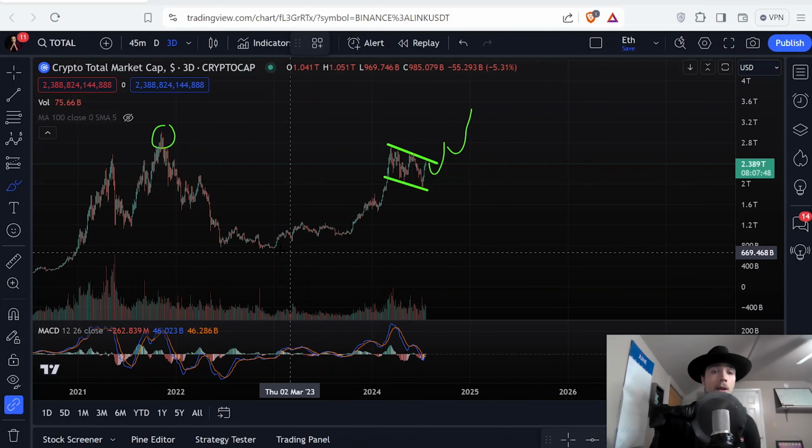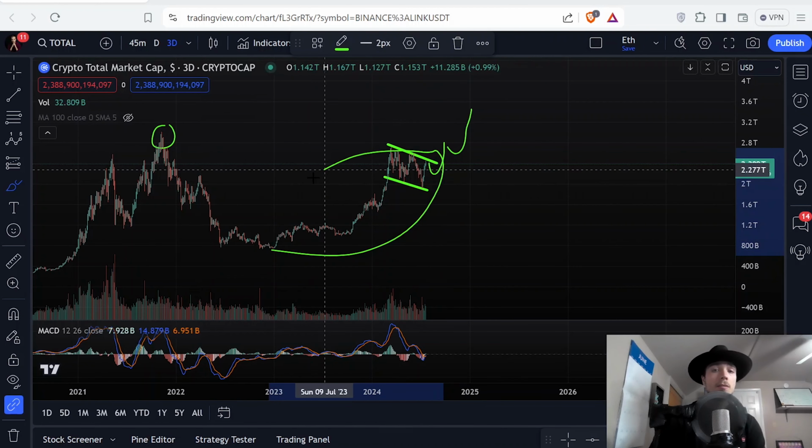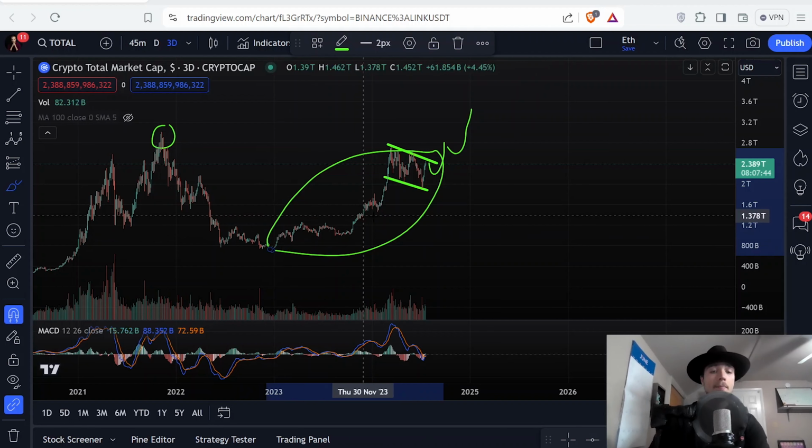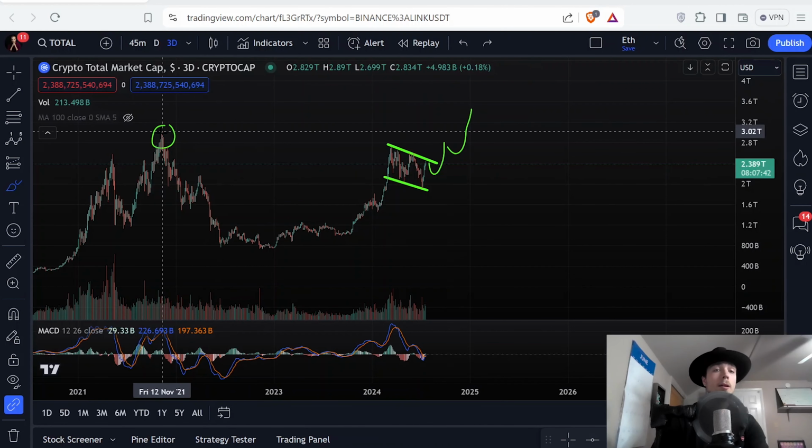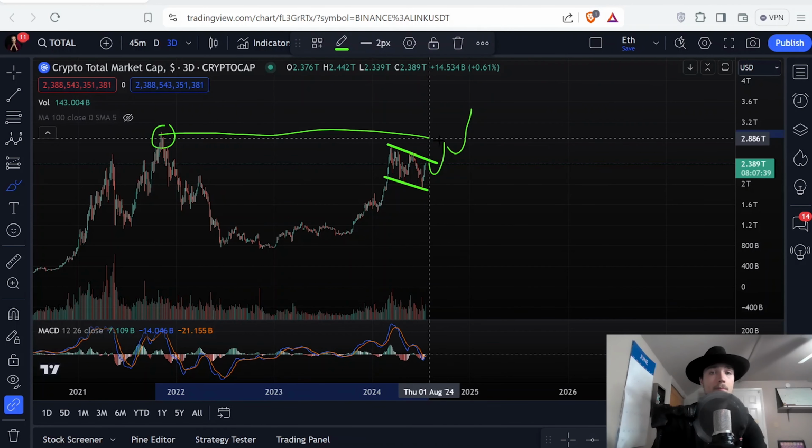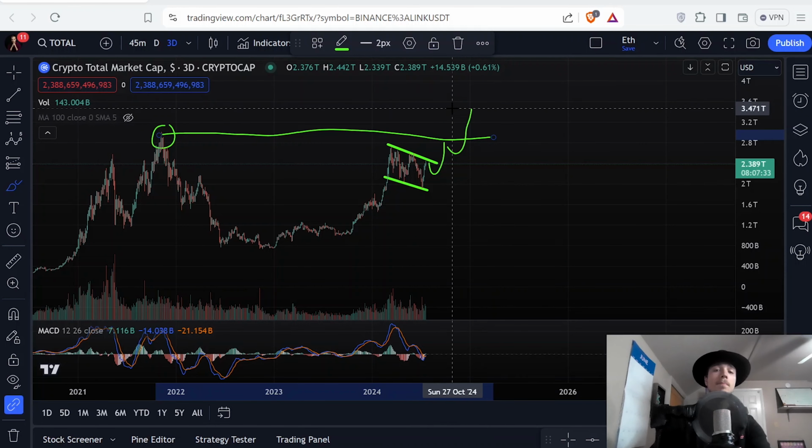I mean, we've really only had this much of the bull market, you guys. Imagine when this thing breaks its old all-time high right here and really starts a bull market and really takes off. So it's going to be fun. So yeah, that's my update on Chainlink and the crypto total market cap.